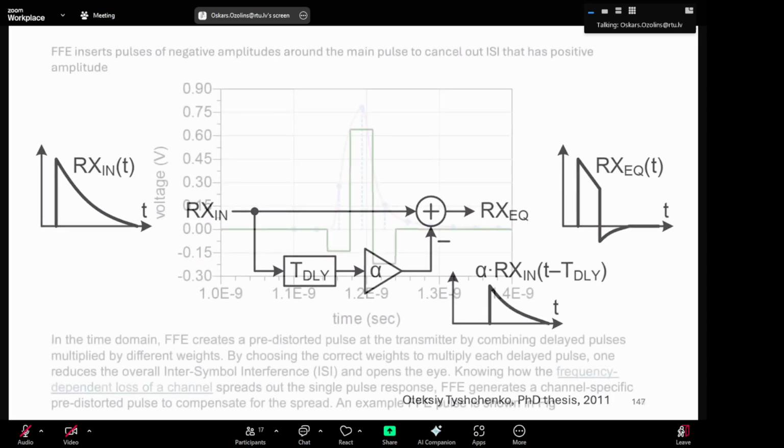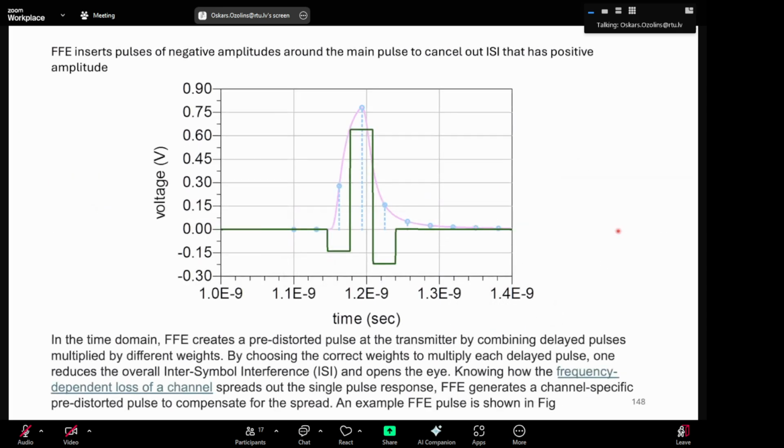So we can look a little bit more here. Basically you have this pulse, which is purple, or slightly rose.